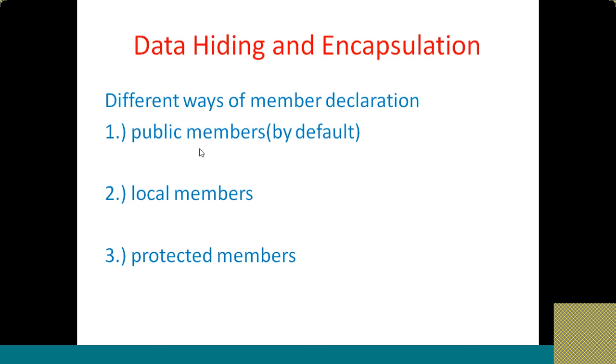As I already told you, public members can be accessed easily from outside of the class, and can also be accessed inside the derived class. By default all members are public, and there is no restriction on public members.